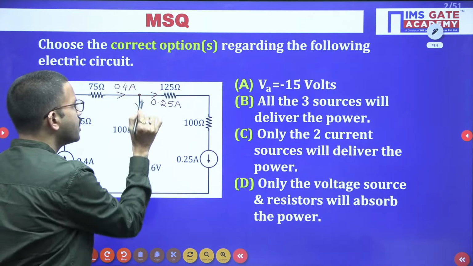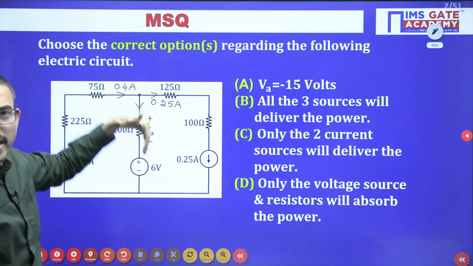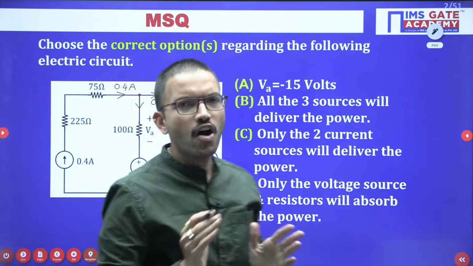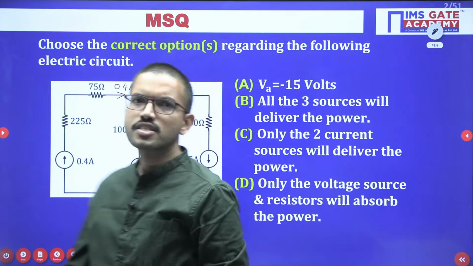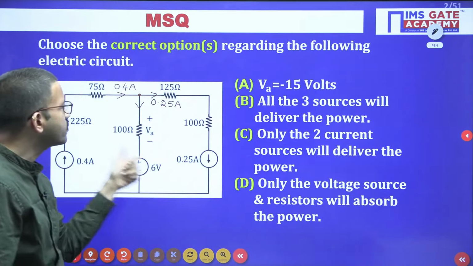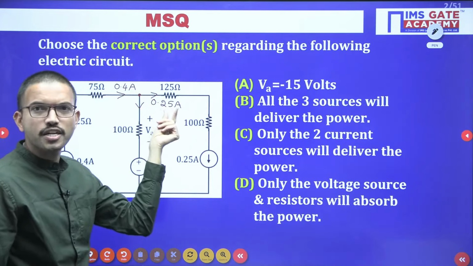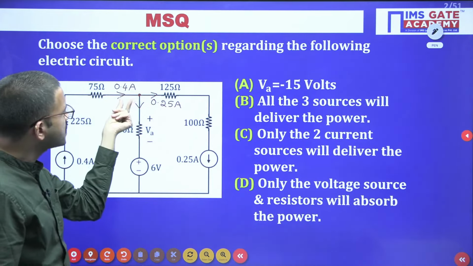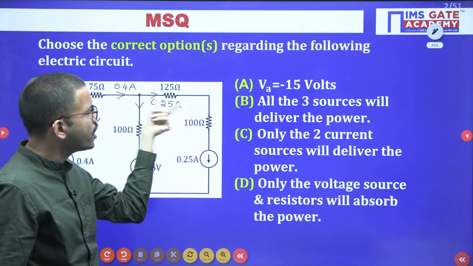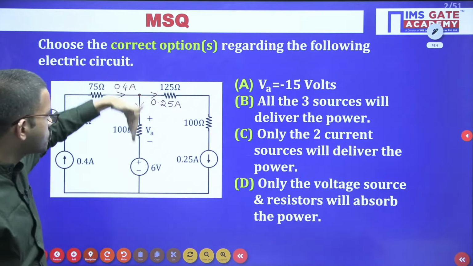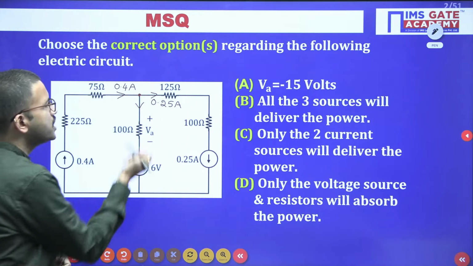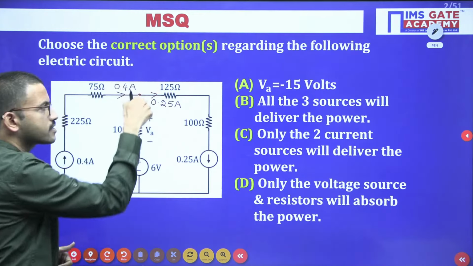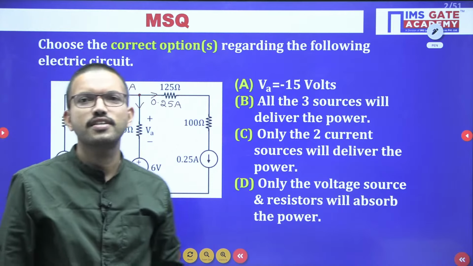Now, can you tell how much current is leaving in this branch? The sum of entering currents should be equal to the sum of leaving currents, just by observation. Here 0.4 ampere is entering, out of which 0.25 ampere is leaving here. Obviously, the current should leave in the other branch from this node.